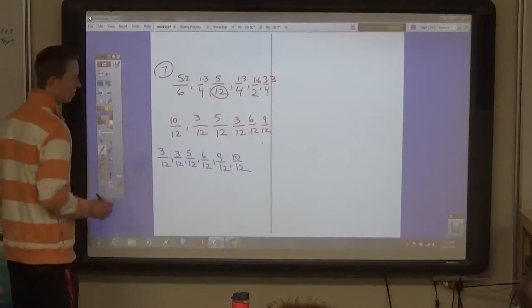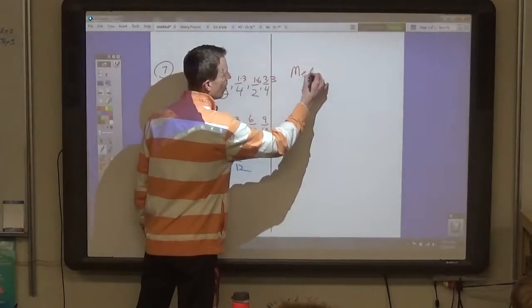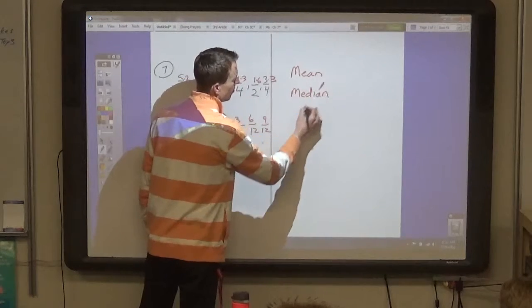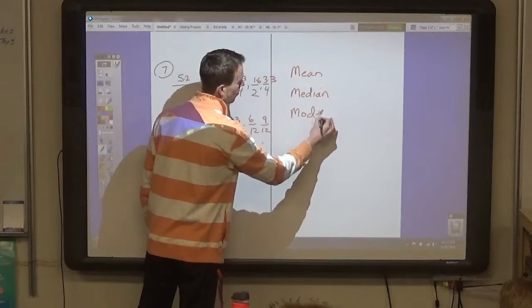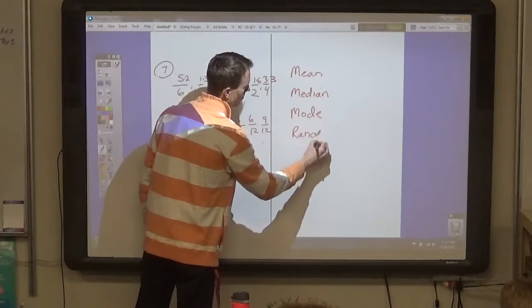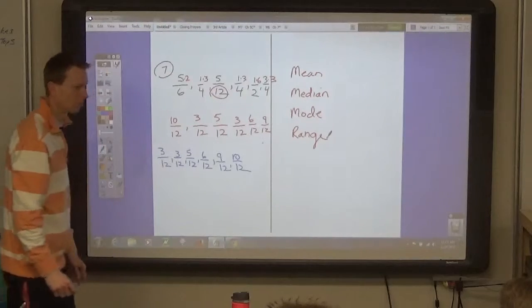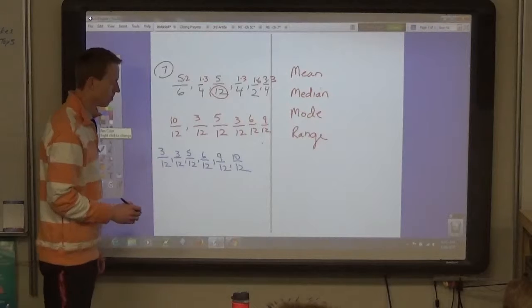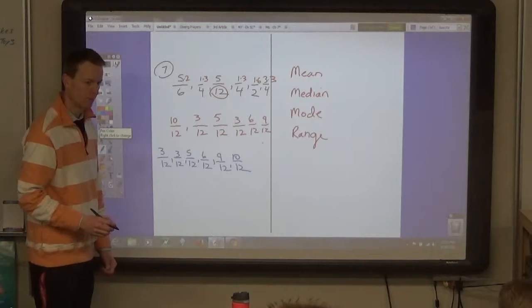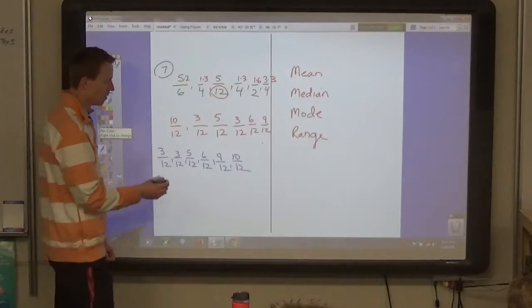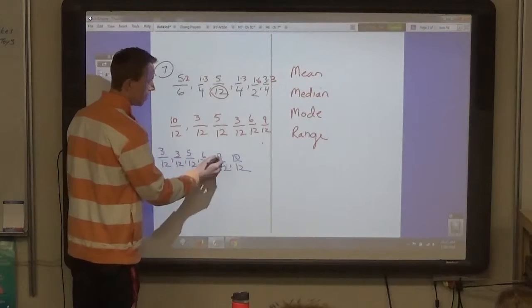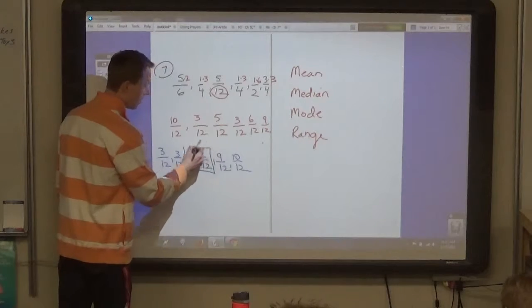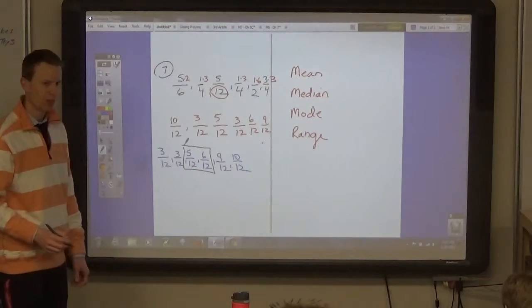Then write down what we're going to find. There's 6 of them. So for the median, we're going to have to find the middle between these two.